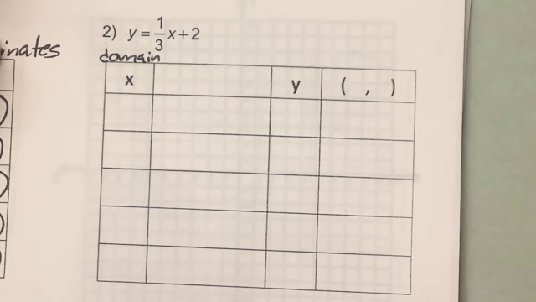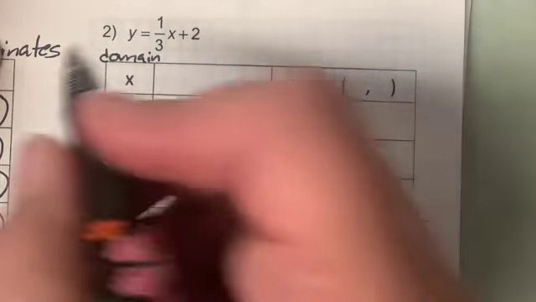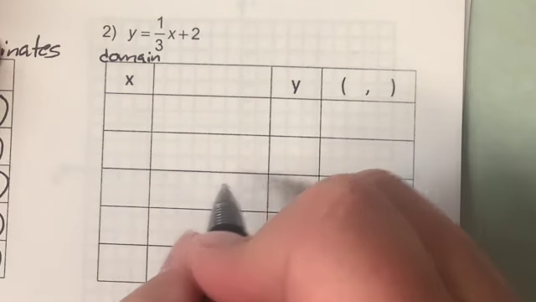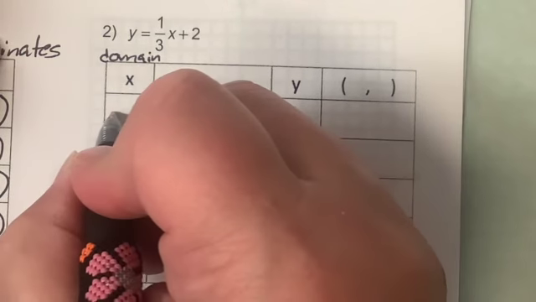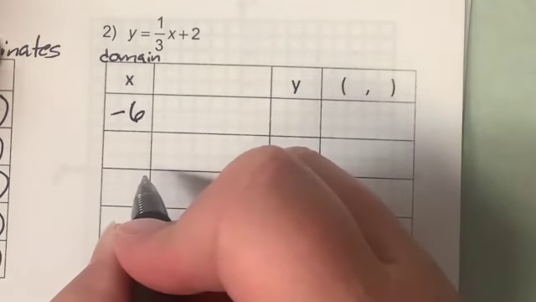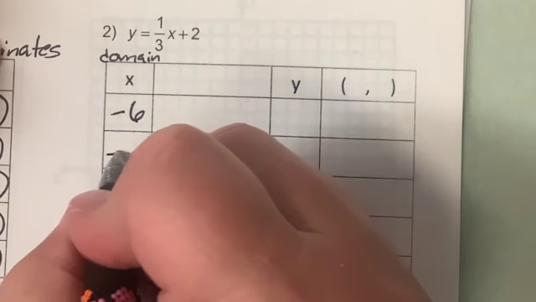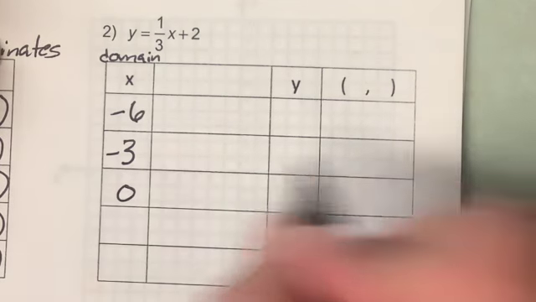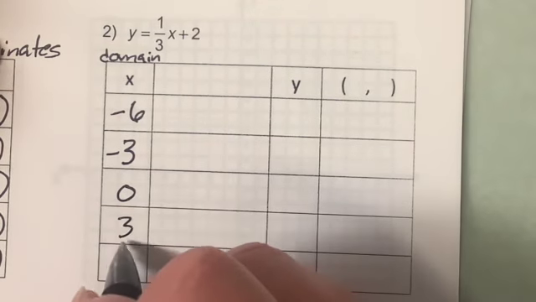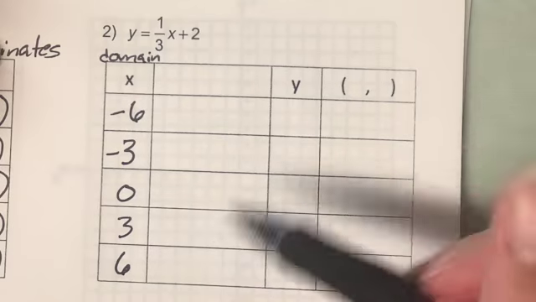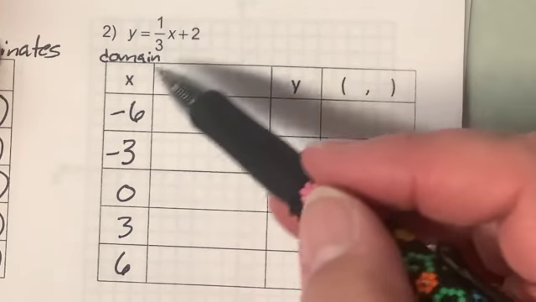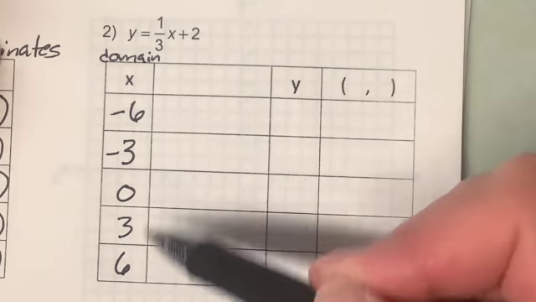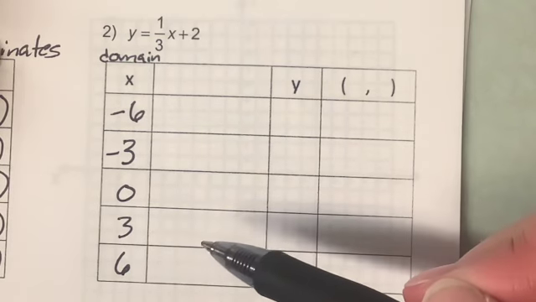So I want to pick numbers that are multiples of 3. Again, I want to have some positive and negative numbers here. So negative 6, that can be divided by 3 evenly. Negative 3, that can be divided by 3 evenly. 0, positive 3, and positive 6. All of these numbers can be divided by 3. That's why I picked those for my domain.